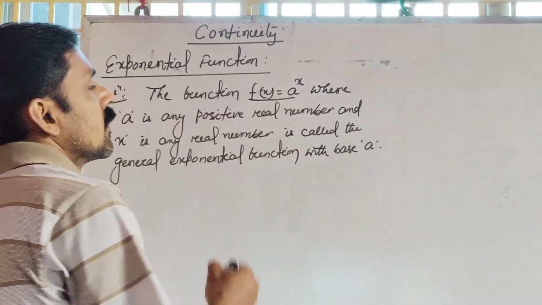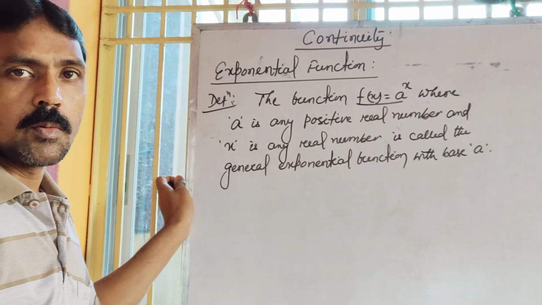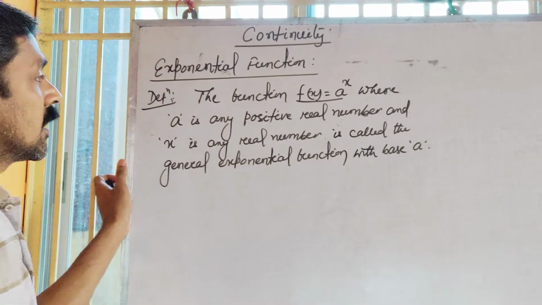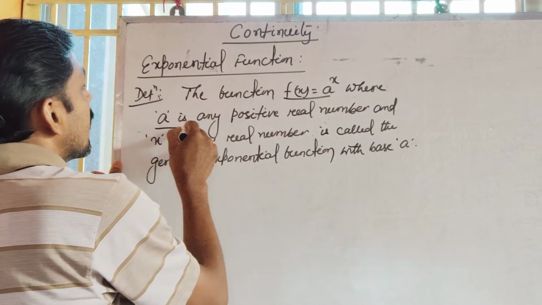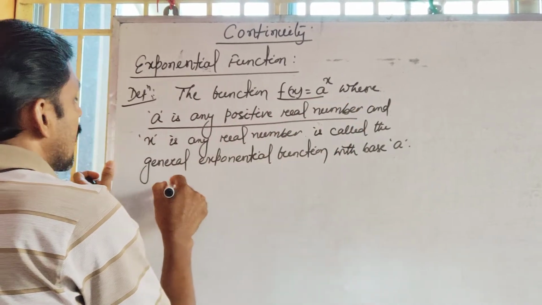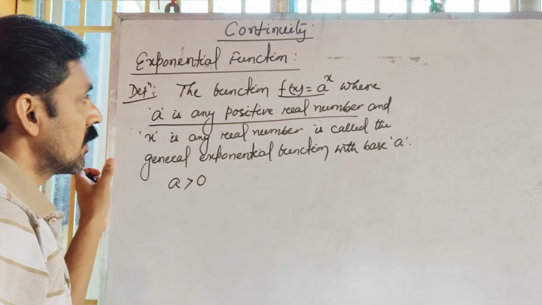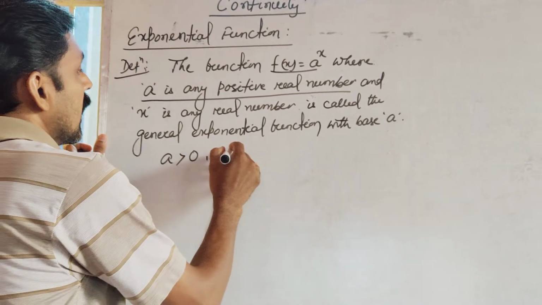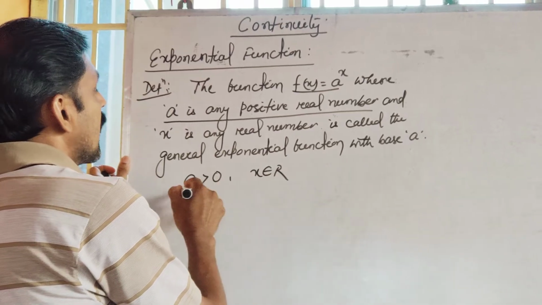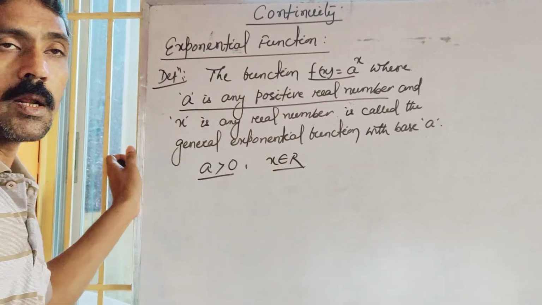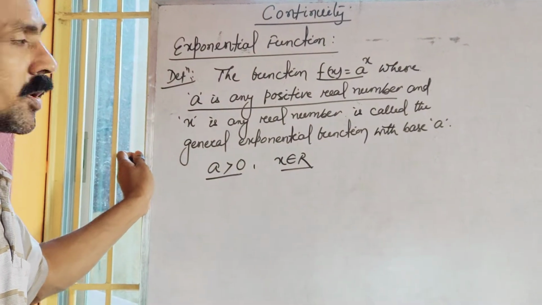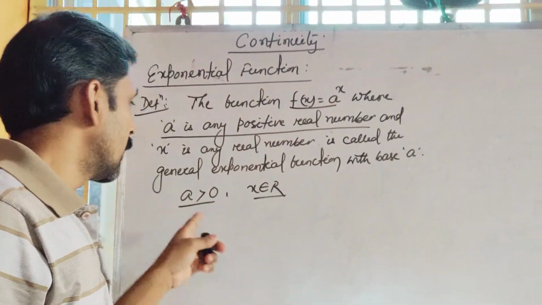So this is the exponential function definition, a to the power x. And here, a is any positive real number, means a is greater than 0, and x is any real number. It may be positive, negative, or 0. But the base is always positive.